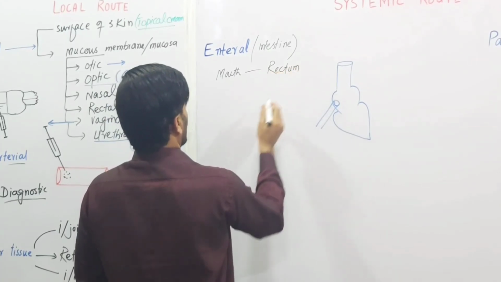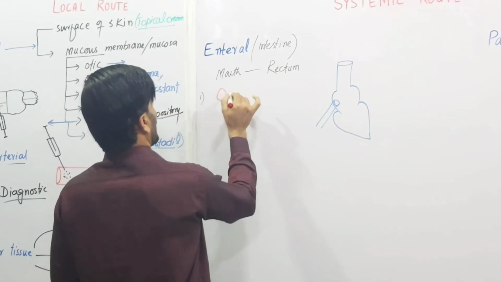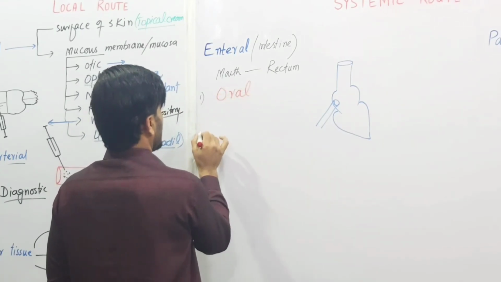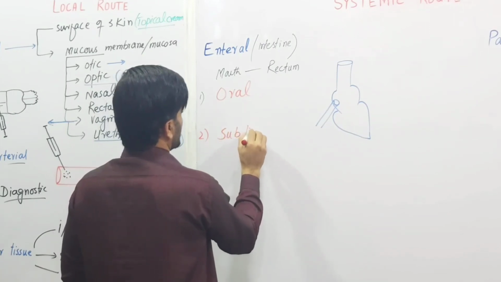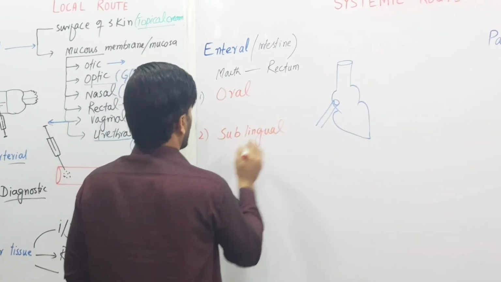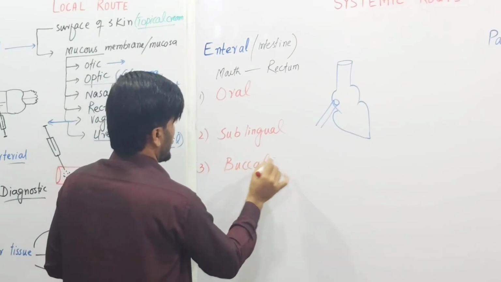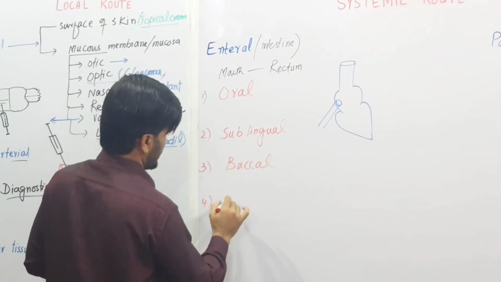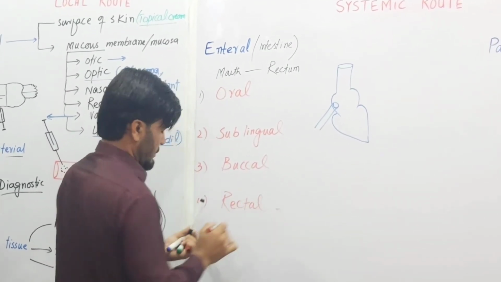This enteral route is further classified into the oral route of drug administration, secondly the sublingual route, third the buccal route, and fourth the rectal route of drug administration.